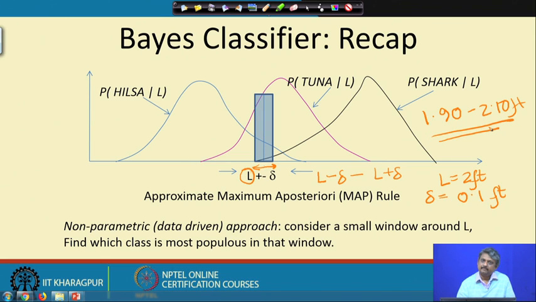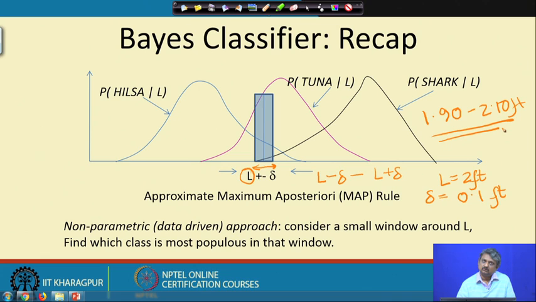What I actually want to find out is the class of a fish of length 2 feet. So, how many of the Hilsa fish have a length lying in this interval?